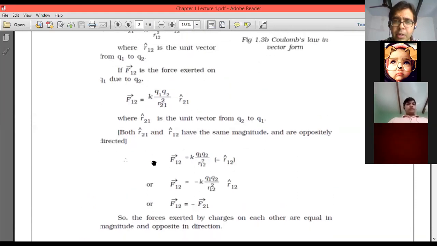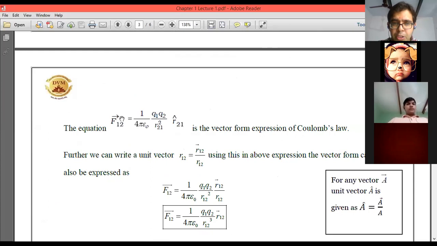One more thing that we can do is in this equation, that is, the force on 1 due to 2 is equal to 1 upon 4 pi epsilon naught Q1Q2 upon R21 square into R21. We can write it in this manner: this unit vector can be replaced by a vector divided by its magnitude.